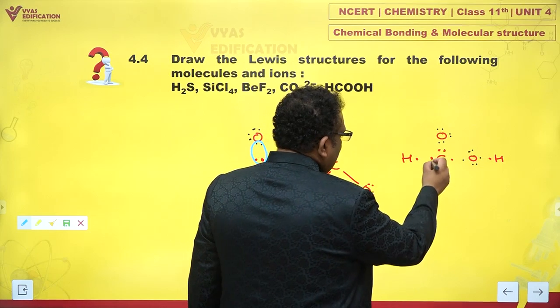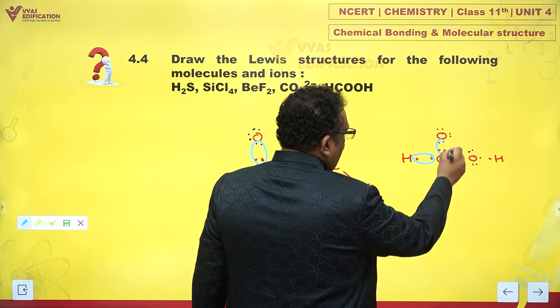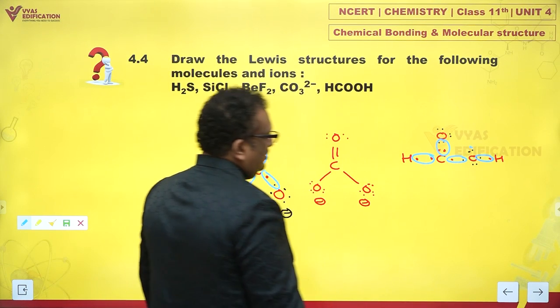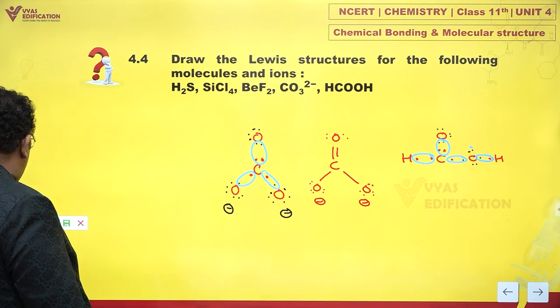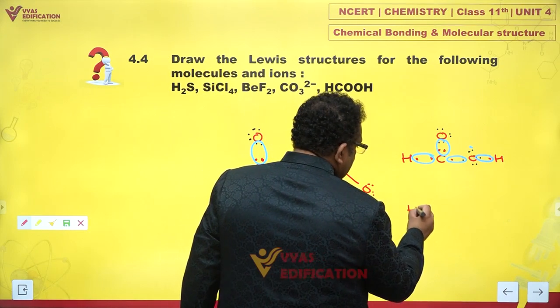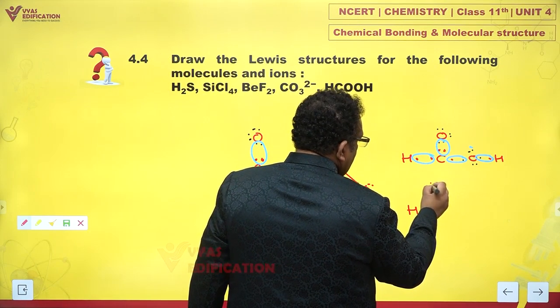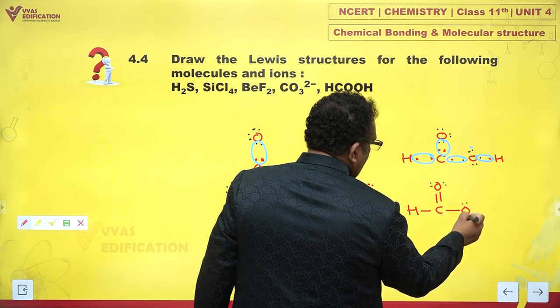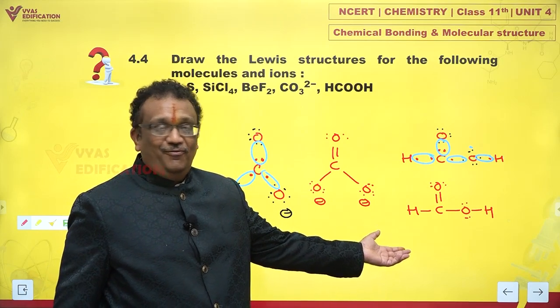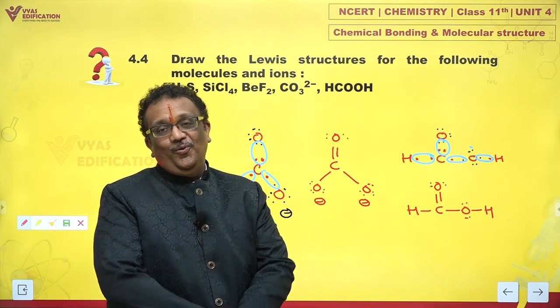That's not very difficult. 1 double bond like this. So these are the electron sharing structures. This is the Lewis dot structure for formic acid, HCOOH.